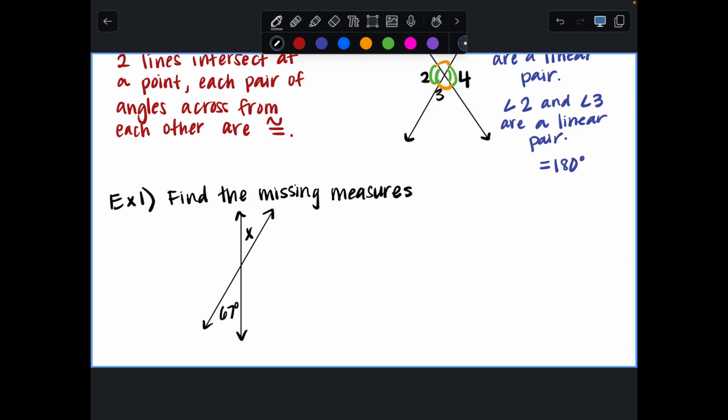So if I know that that bottom angle is 67 degrees, because I know that vertical angles are congruent, I know that x equals 67 degrees.